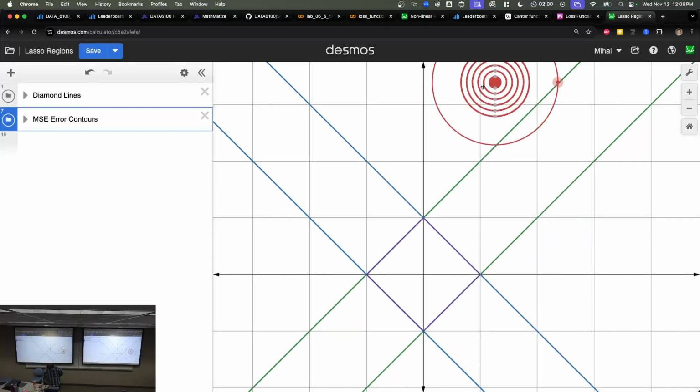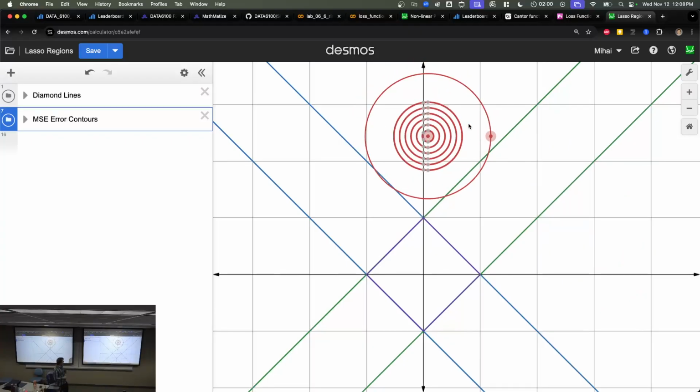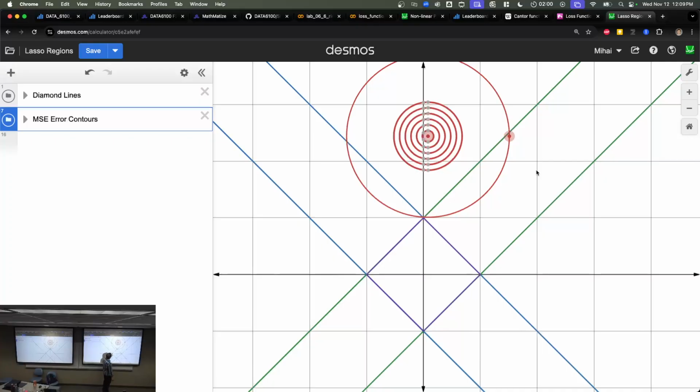And so again, if you start up here, the question is, where does the minimum happen? And as we said before, the minimum happens at the first time the bowl touches the purple thing. So as you go up the bowl, moving up, up, up, and then bonk, at this point, you perfectly touch this purple diamond. And so the minimum will happen exactly here.